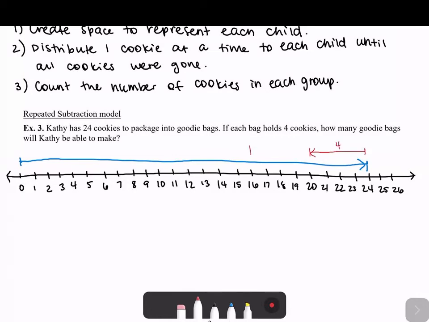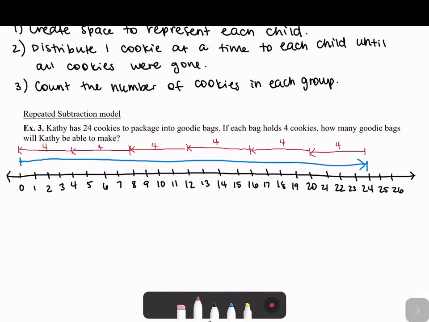We take another 4 away and get to 16. We take another 4 away and get to 12. We take another 4 away and get to 8. We take another 4 away and get to 4. And then lastly, we take the last 4 away and we get to 0.